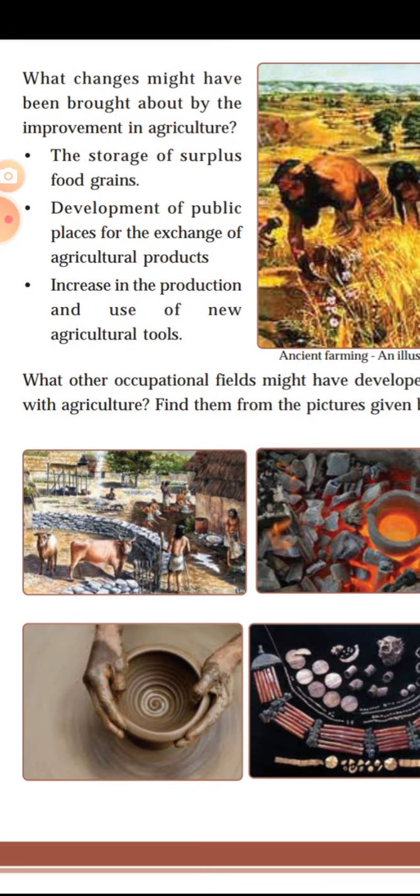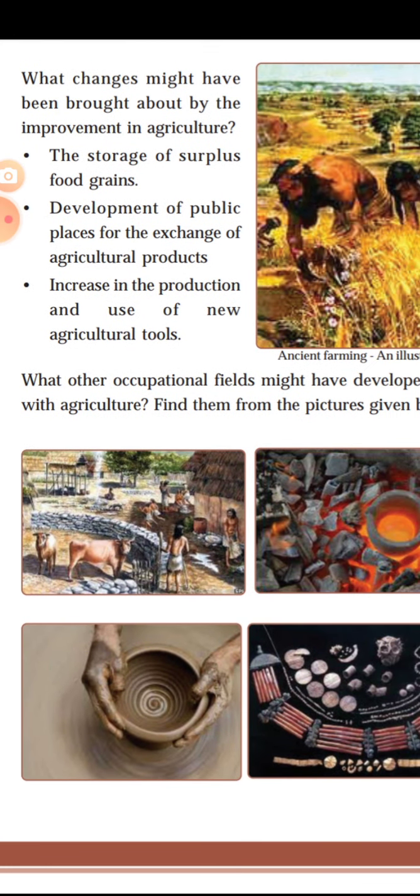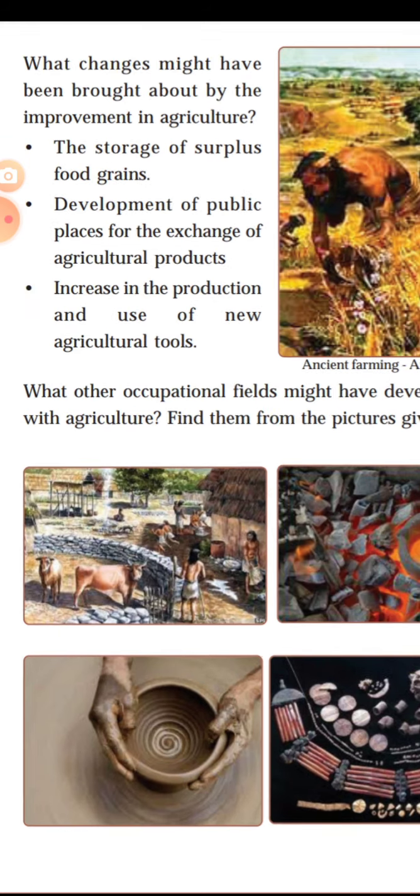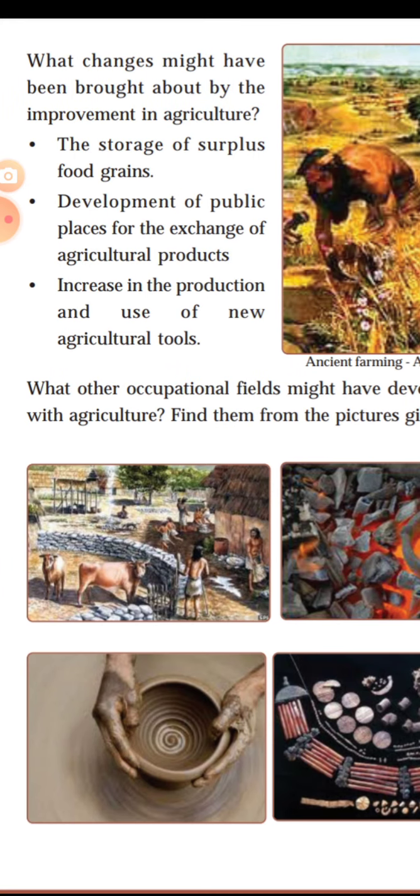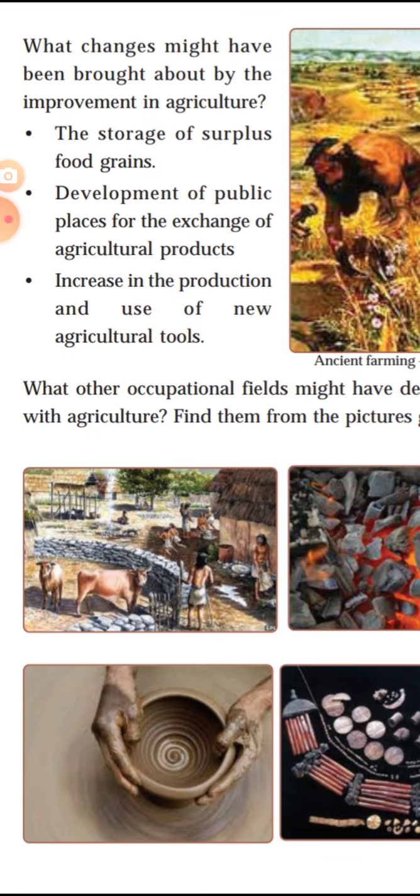Then, there were a lot of improvements made in the agricultural field. Look, they produced a lot of food grains and they stored them, and they developed public places for exchange of these agricultural products.